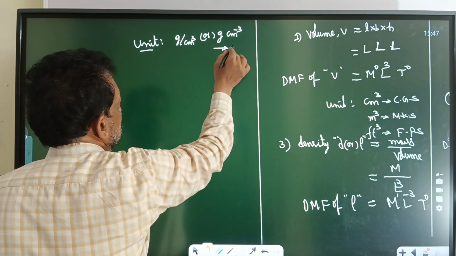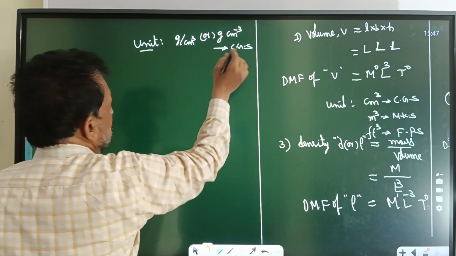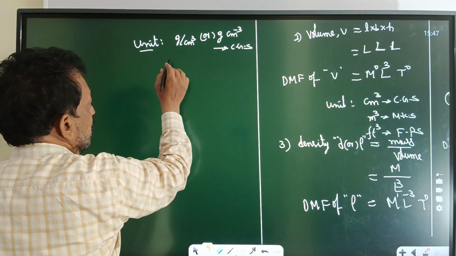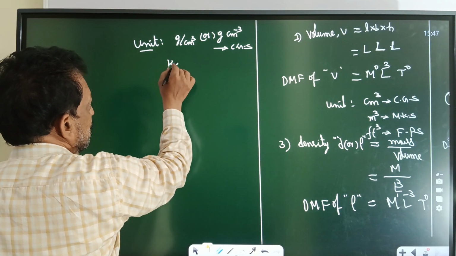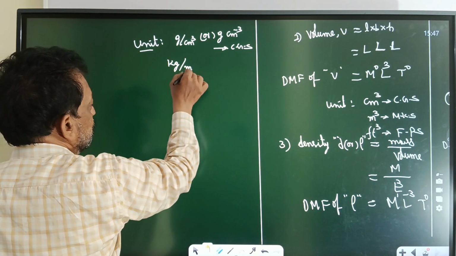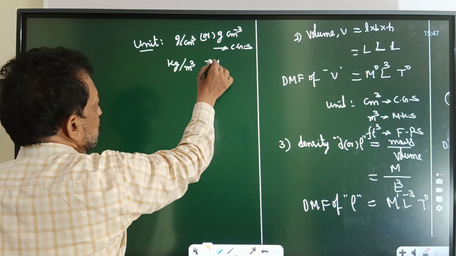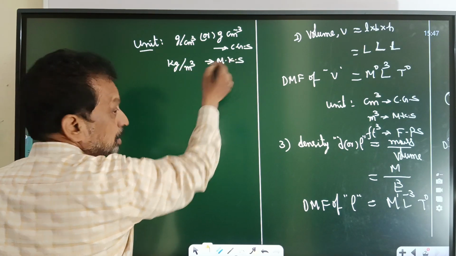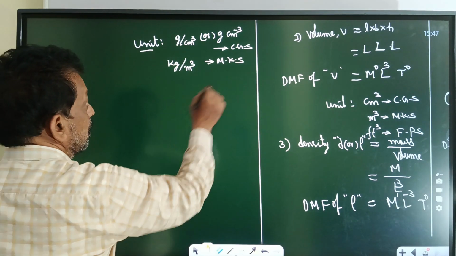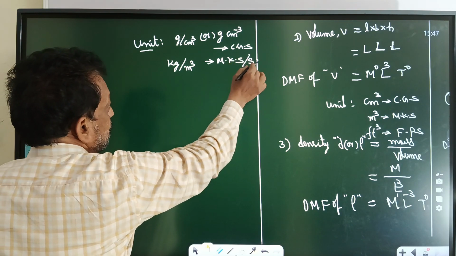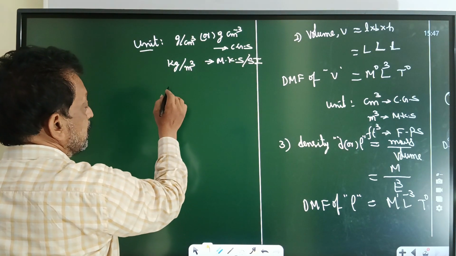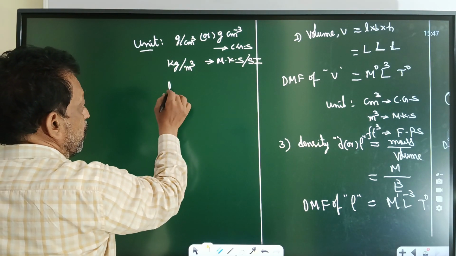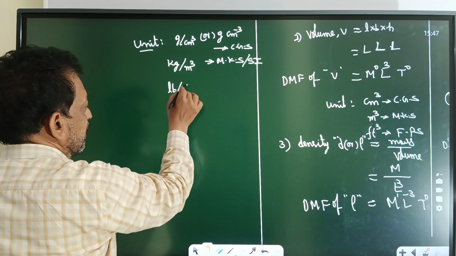In MKS system, kg per meter cube, which is also the SI unit.